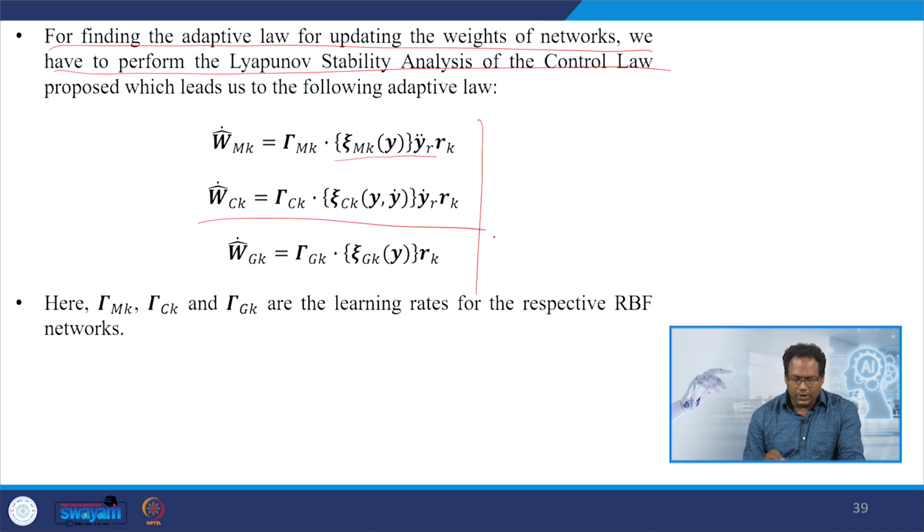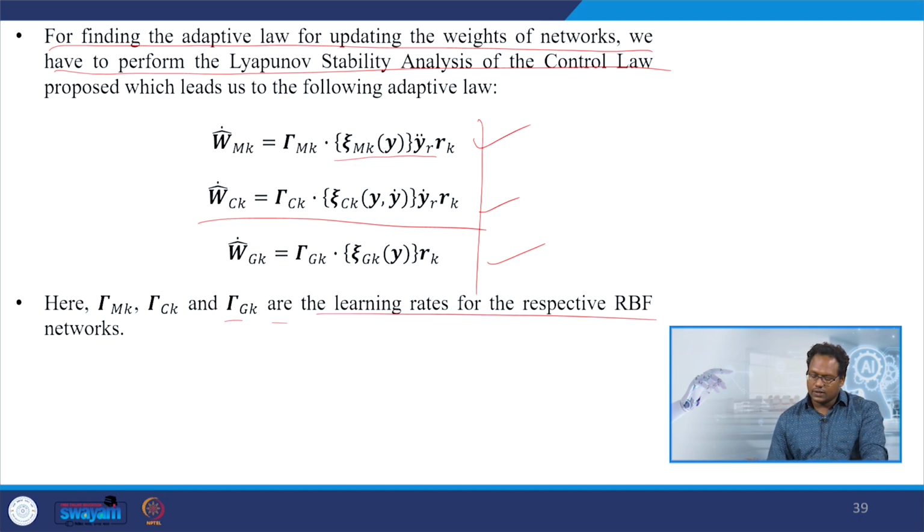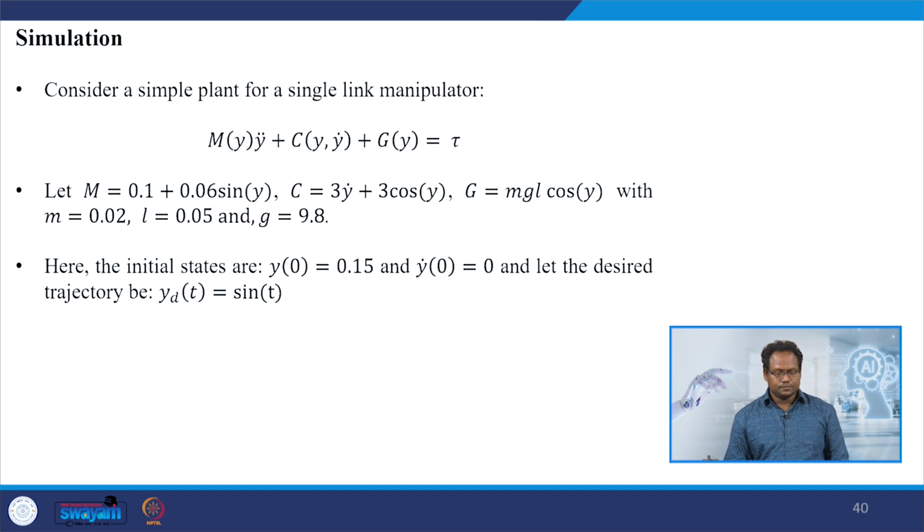Likewise, we have the update laws for the weights of Ck and Gk, that is the inertia, Coriolis and gravity terms. So, we have these three update laws associated. Here gamma Mk, gamma Ck and gamma Gk are the learning rates associated with the respective RBF networks.